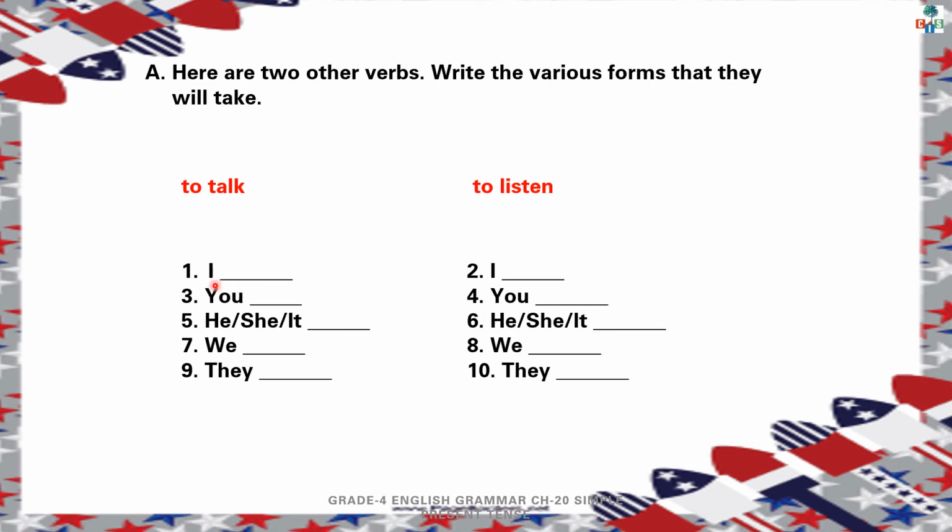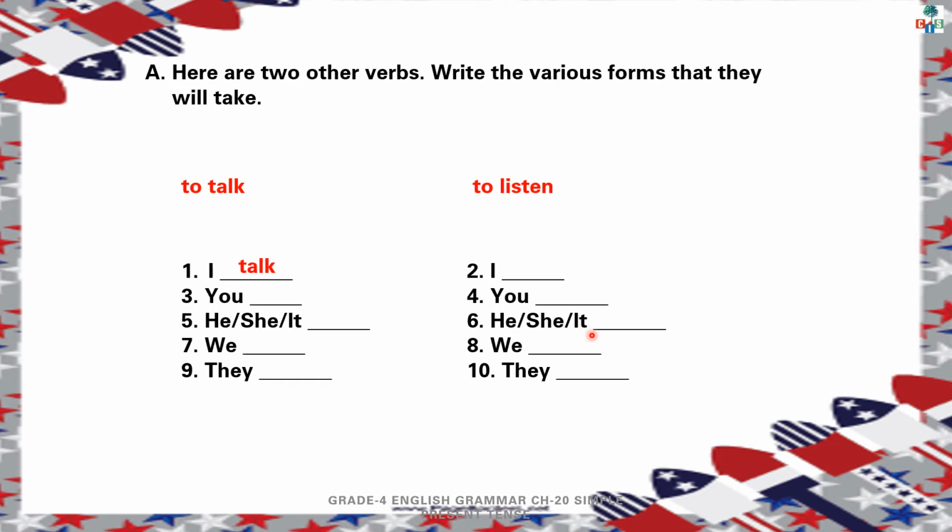Number one, I. I is the first person singular pronoun. So we will use the base form of the verb. I talk. Let's take number 6. He, she or it. These are the third person singular pronouns.